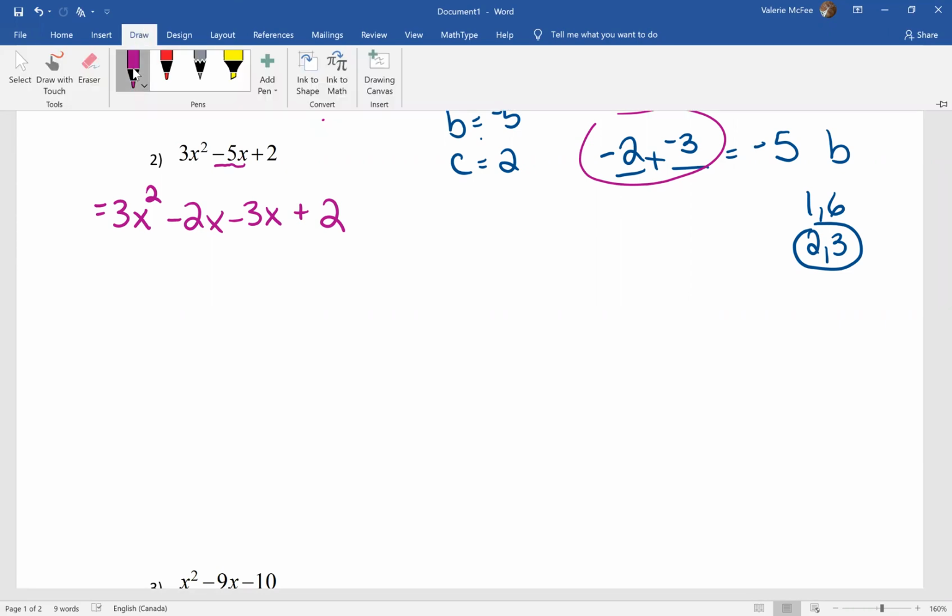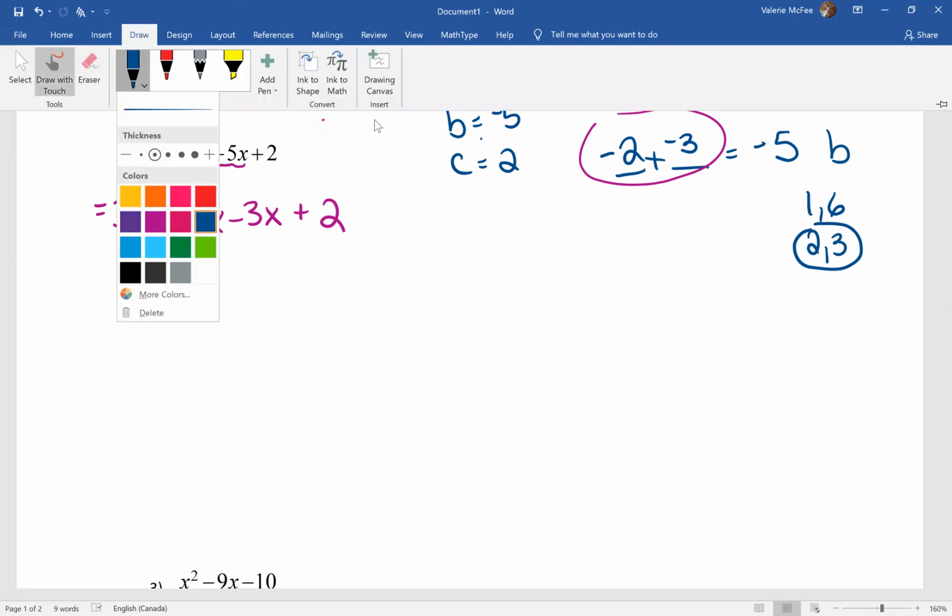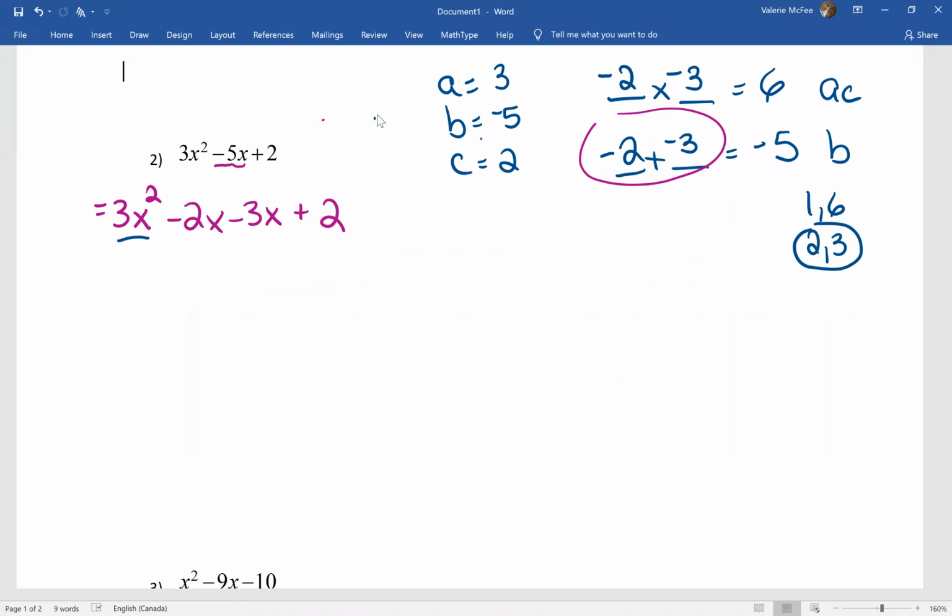Now we can factor by grouping. The first two terms have x common. The last two terms, nothing is common. If it looks like nothing is common, then it must be 1.